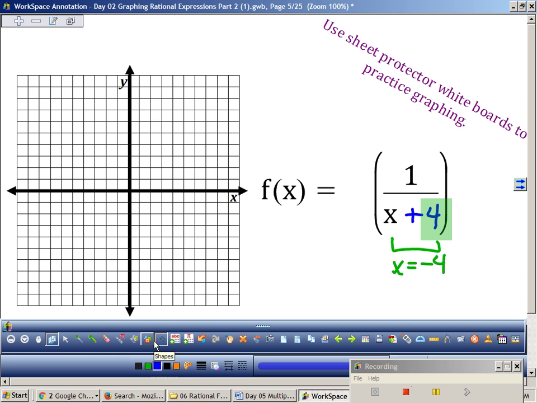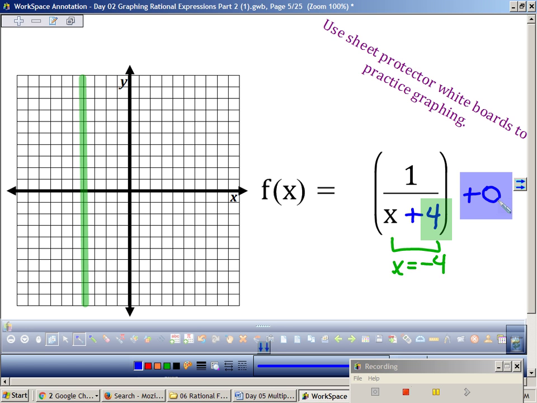So I go over 4. 1, 2, 3, 4. My horizontal asymptote is 0. I think I had this in blue, right? This was the blue part? Yeah. There's nothing there, right?